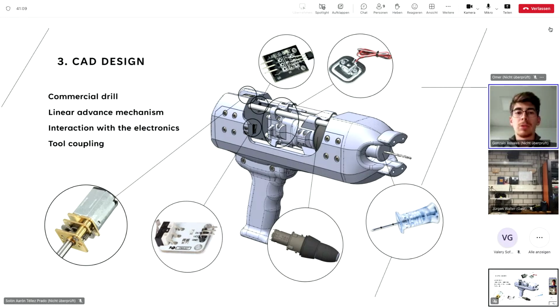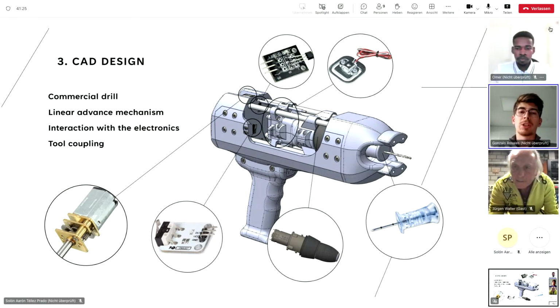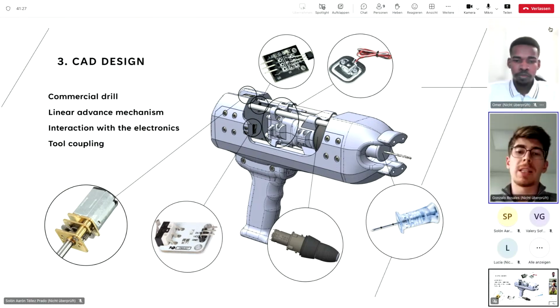Also, we had to take into account the electronics that Solon showed in the slides. We had to make a good interface between the load cell, which measures all the resisting drilling forces of every tissue, and the rest of the components. We also designed our own needle mechanism that is extractable from the main drilling system.